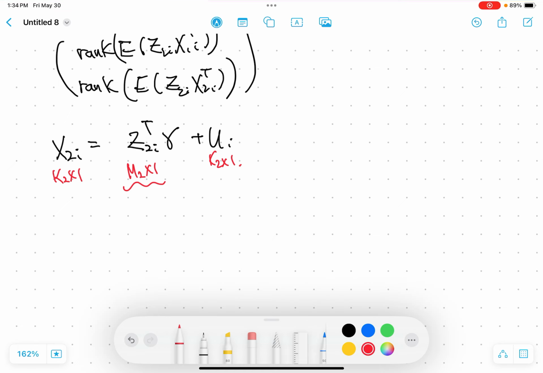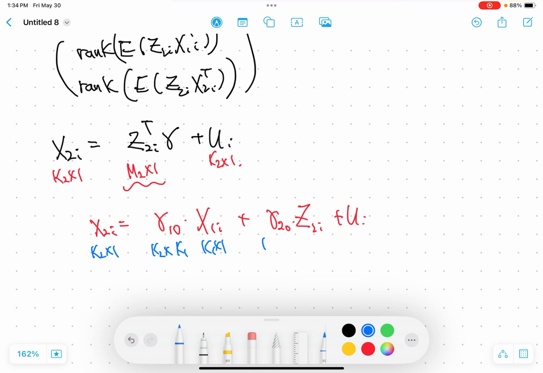And the second mistake is you have to include x1 here. The correct notation should be x2i equals gamma 1 0 times x1i plus gamma 2 0 times z2i plus ui. Then the dimensions are k2 by 1, k2 by k1, k1 by 1, k2 by m2, m2 by 1, k2 by 1.